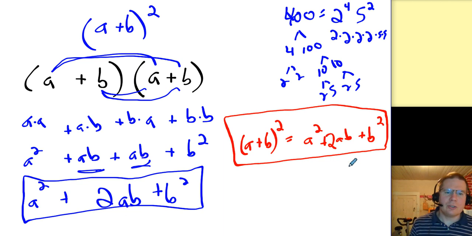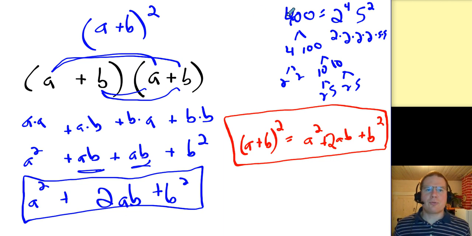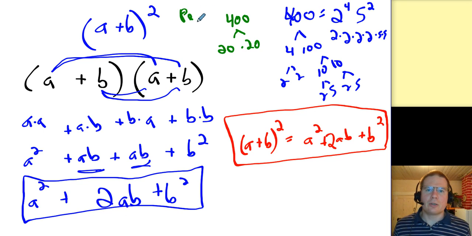Now, as for the name of this, if we take a number like 400, and we recognize that 400 is 20 times 20, instead of 4 times 100, I could have said 2 times 10, 2 times 10 here. Because I can write 400 as a number times itself, I call 400 a perfect square. So here's a polynomial that I could write as something squared. 400 equals something squared.